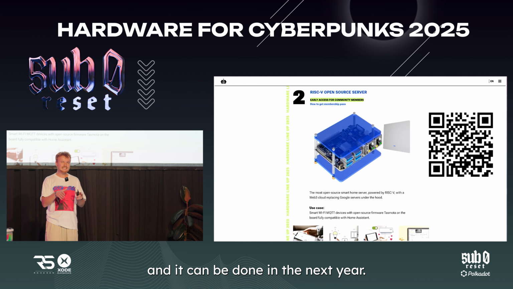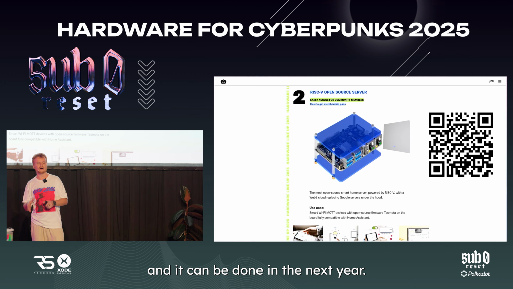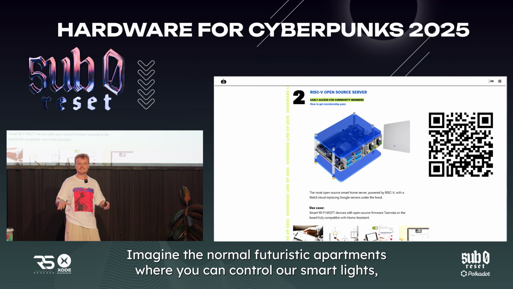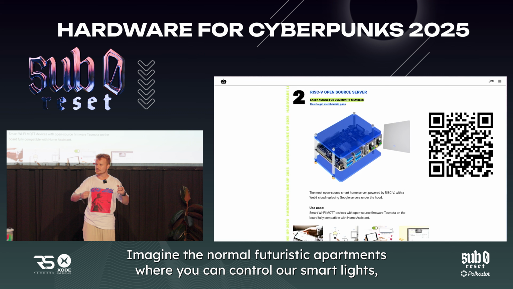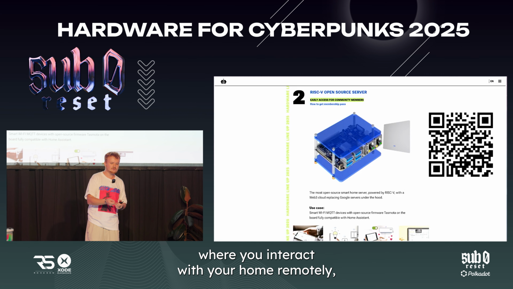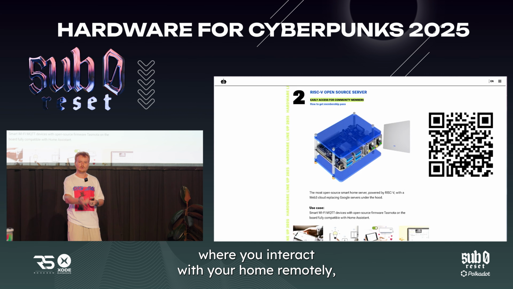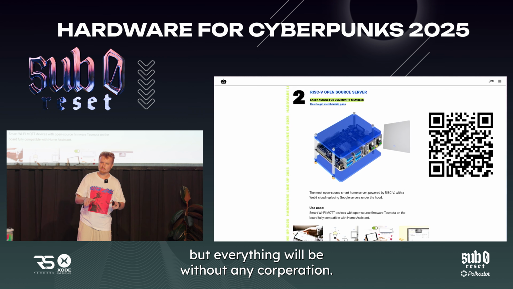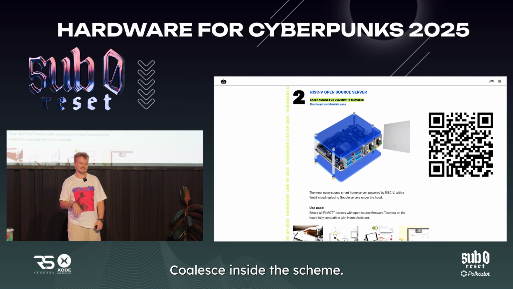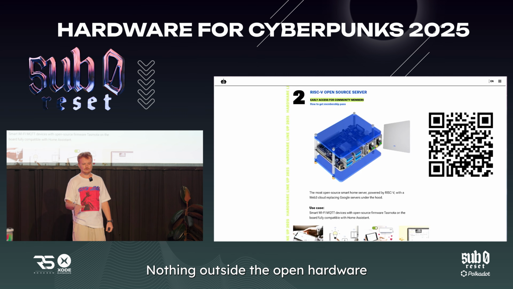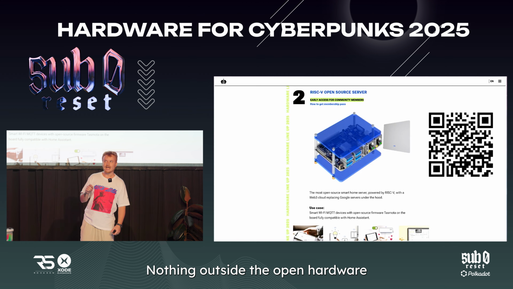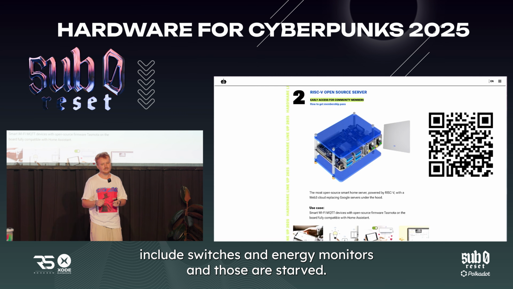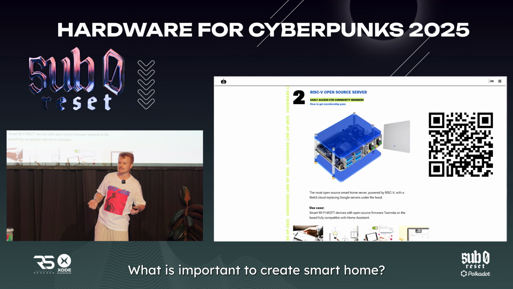Next year you can imagine normal futuristic apartments where you control smart lights and interact with your home remotely, but without any corporation clouds inside the scheme. Nothing outside, with open hardware including switches, energy monitors and other stuff important for a smart home.